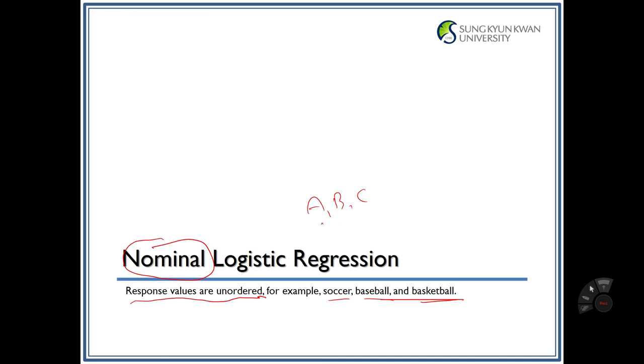But they are still discrete values. In this case, we say nominal logistic regression, but y still takes discrete values, and the number of classes is greater than 2: 3, 4, 5, 6, 7, and so on.